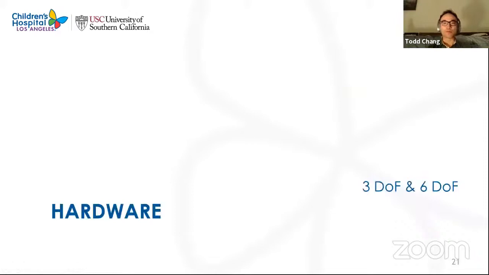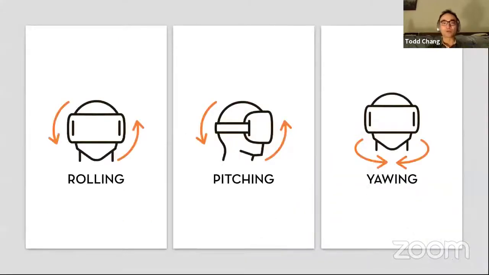Oh, good. Okay, so there's this thing called 3 degrees of freedom or 6 degrees of freedom in virtual reality, and that's actually quite different and has very different purposes in VR. So 3 degrees of freedom, does anyone play video games in the panel? Yay. I like video games too.